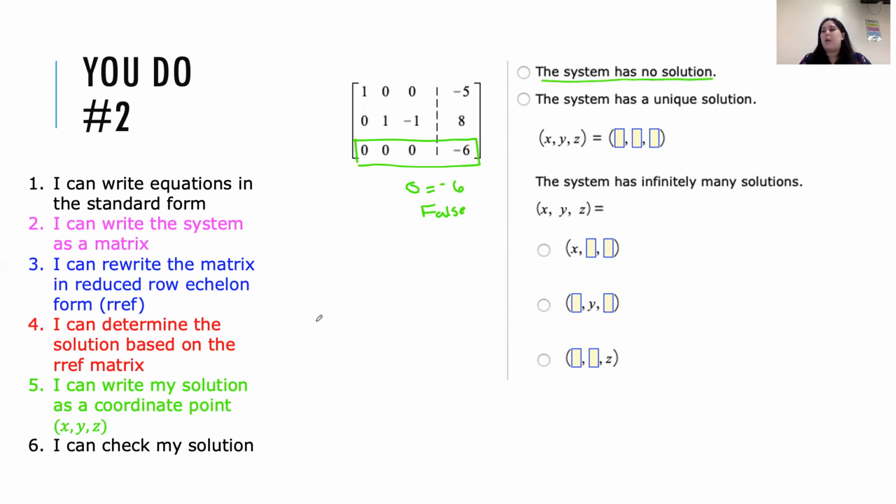It is okay, however, to have a row that says 0 like this, because that just means z equals 0. If we had one that looked like this, that just means x, y, and z all equal 0. And that's fine because we still have that diagonal of ones. It's when that last row has 3 zeros and then a number.